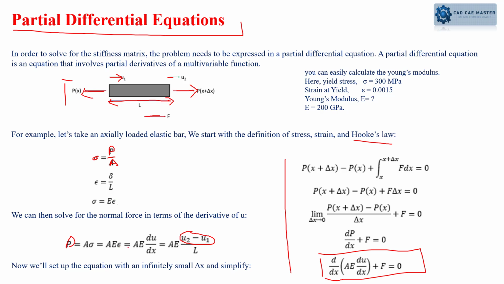We keep A like this, and we have E, and the strain is the derivative du/dx, which is written as (u2 minus u1) by L. So if you would like to find this delta u, the equation we have is PL divided by AE.